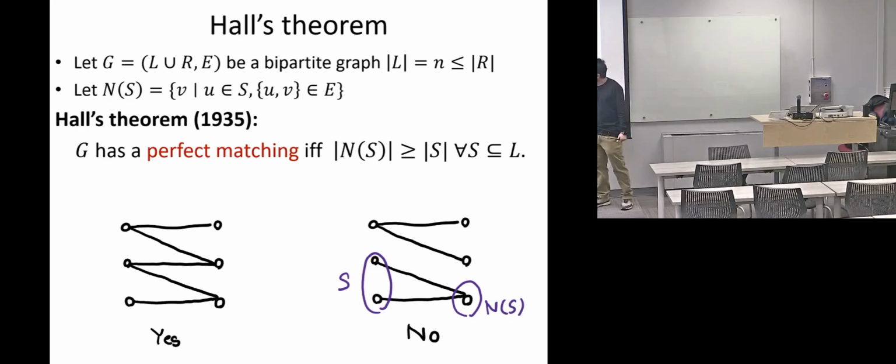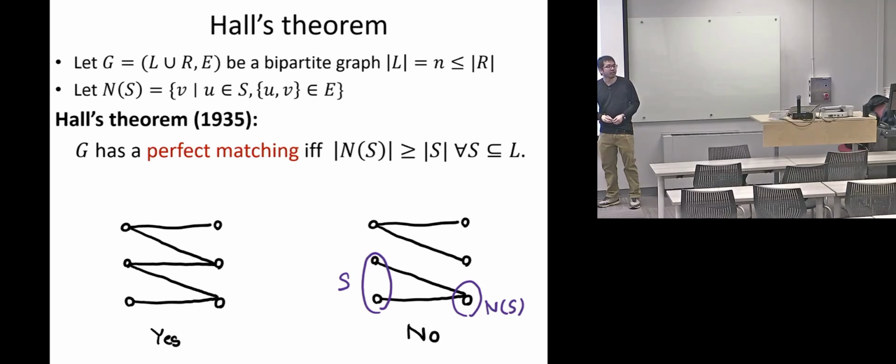For example, this one is a set on the left, and the size of its neighbor set is 1. So you cannot have a perfect matching here. But if this is true for every set, then the theorem says that it must have a perfect matching. So let's try to prove this quickly by using max-flow min-cut.